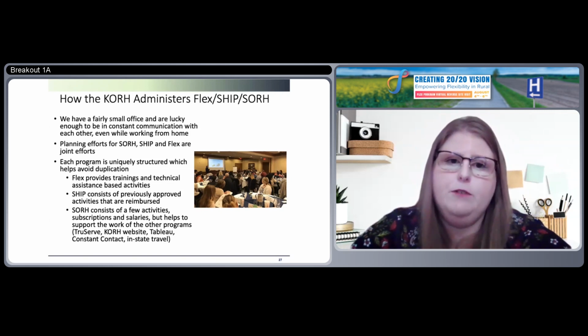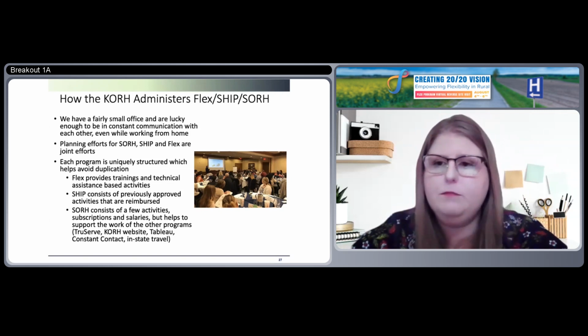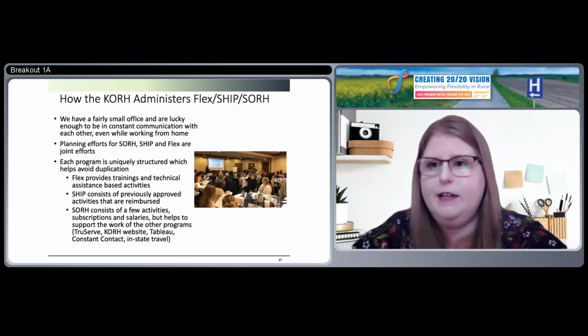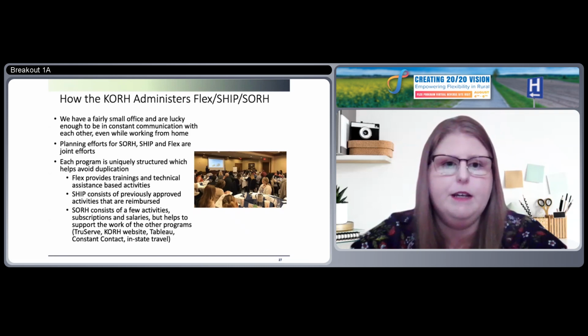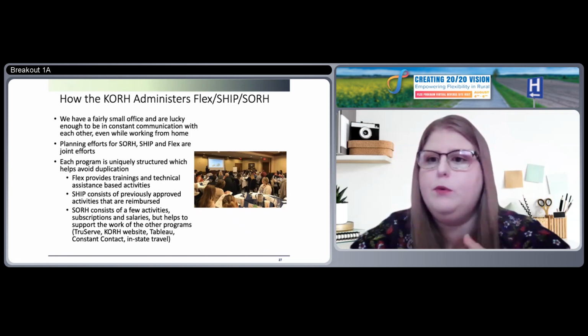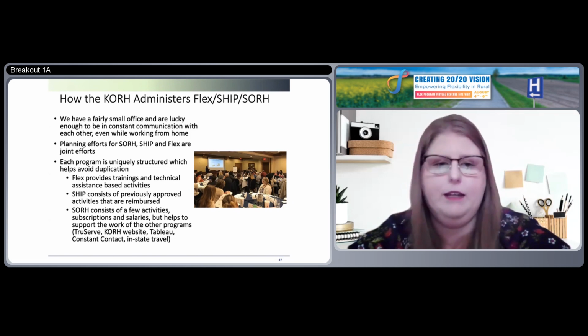So each program is uniquely structured, which also helps avoid duplication. Flex is really heavy on trainings and technical assistance-based activities. SHIP is more like previously approved activities on a reimbursement model. I'll talk more about that in a minute.